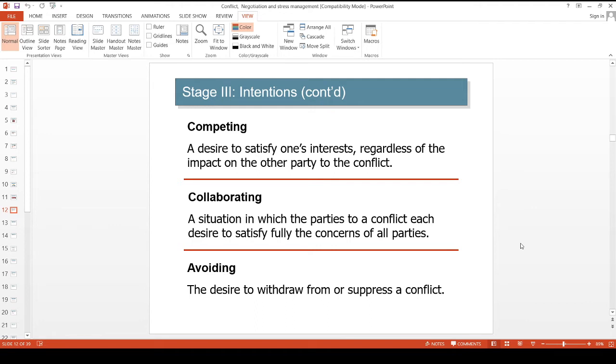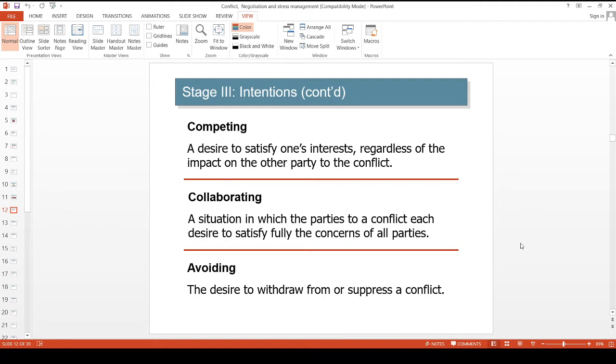When the parties to the conflict collaborate, they will try to clarify the differences rather than accommodating. They will clarify the differences in order to reach a particular solution. So this approach is termed the collaborating strategy.